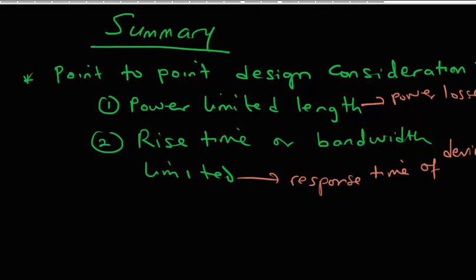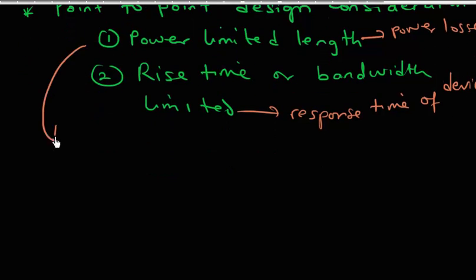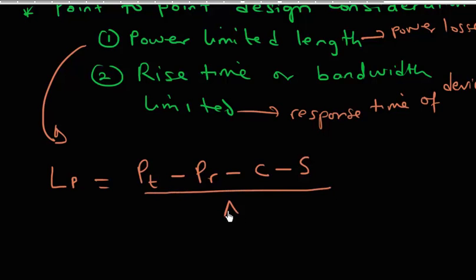Now for the first one, we have that the length is transmitted power minus received power minus core loss, connector loss, minus safety factor, over attenuation.